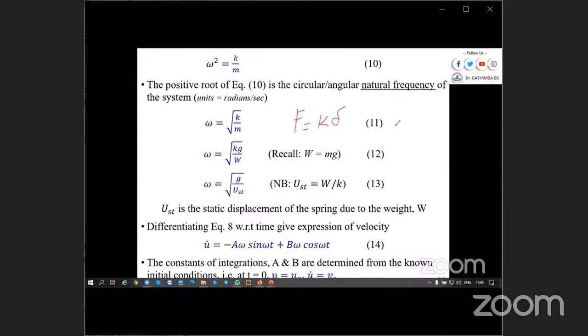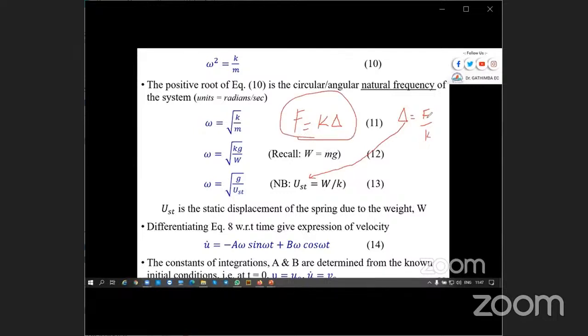Let me use this so that you're not confused. The capital delta is equal to F over K. This is the static displacement, static, not dynamic, from Hooke's law.